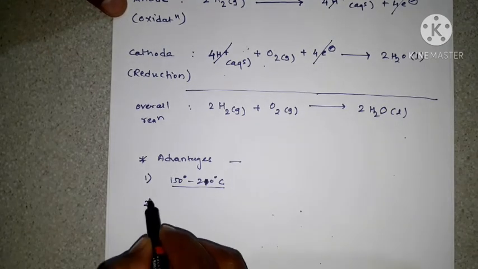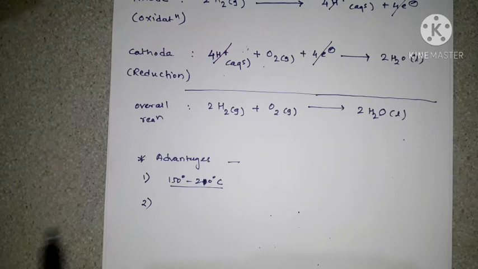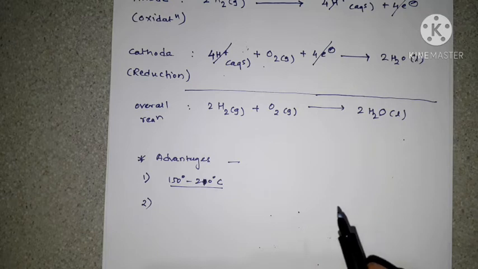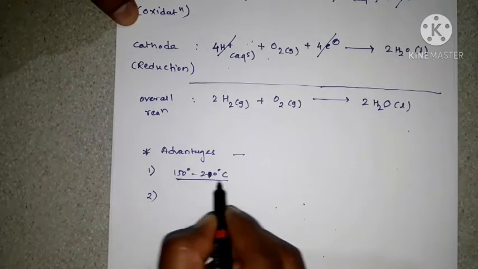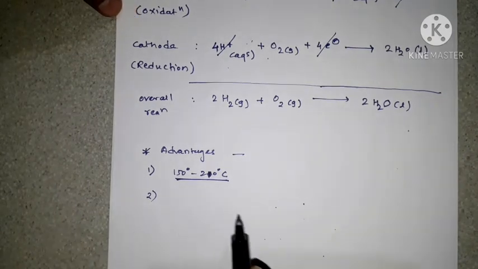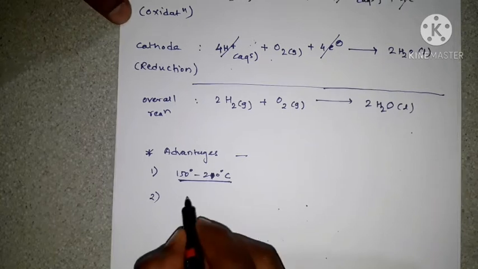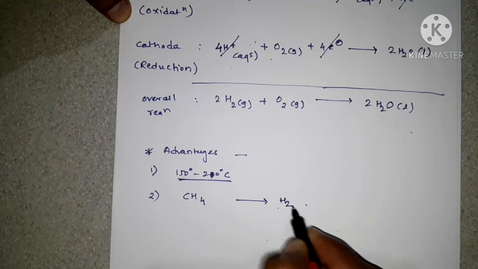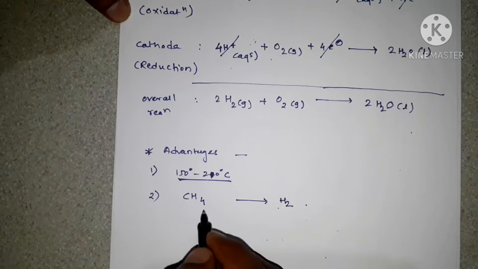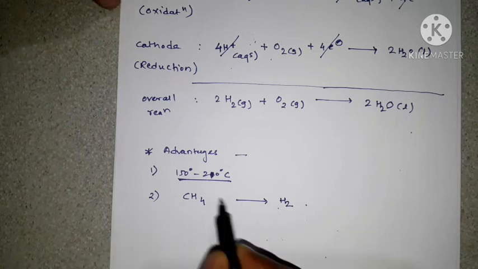Okay, then the second one: the high temperature produces a large amount of heat for reforming CH4 to H2 gas. That means the higher temperature is also used for converting CH4 gas into H2. How is this CH4 gas converted into H2?